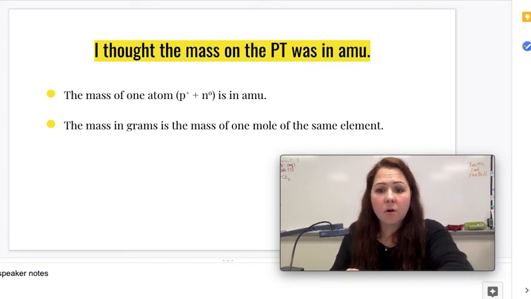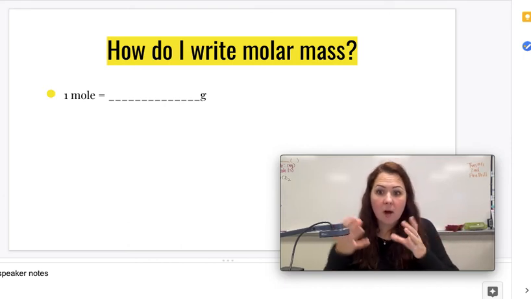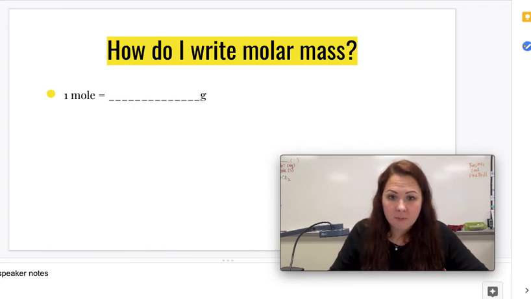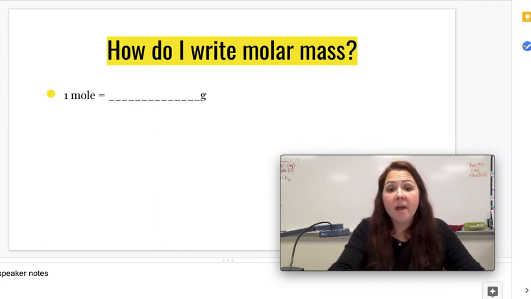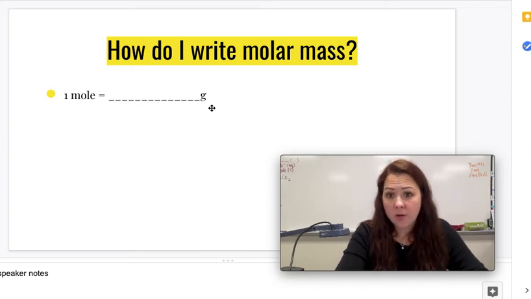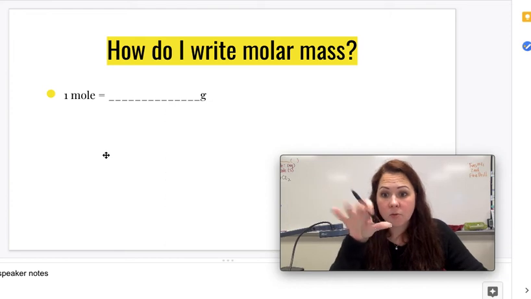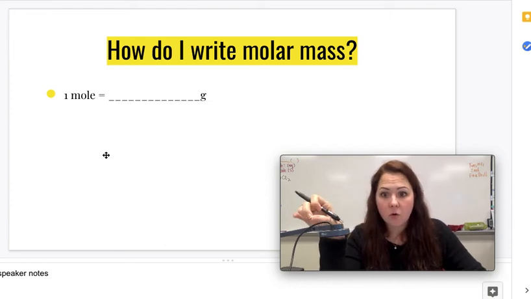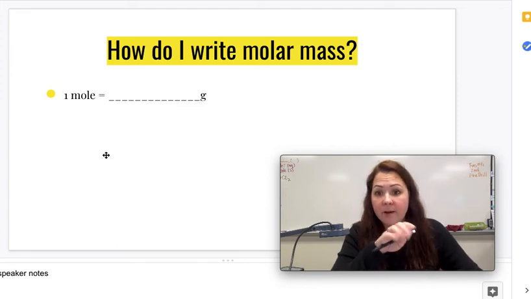With your molar mass, you're always going to write it out like a conversion factor, where you'll have 1 mole is equal to however many grams from the periodic table with 2 decimal places. So your answer is always going to be written like this. You always have 1 mole is equal to whatever number you calculate in grams, or you can flip that if you want, so that you have your number of grams is equal to 1 mole.